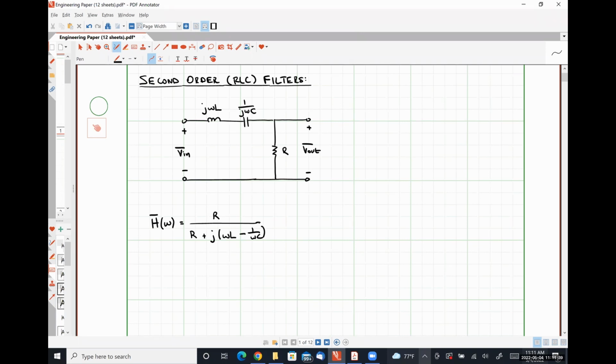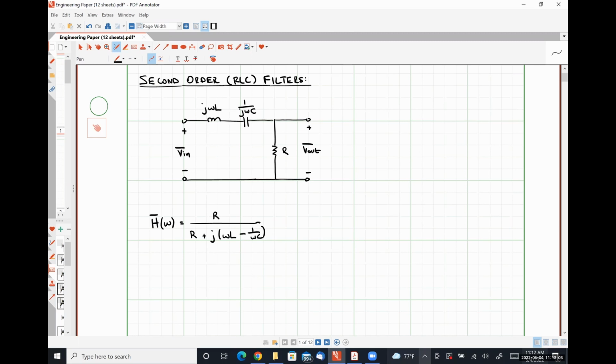And to be explicitly clear here, I'm also saying that 1 over J is the same thing as negative J, which is where this negative sign comes from when I factor J out in the front. So I've just got it split up into a real part and an imaginary part in the denominator.